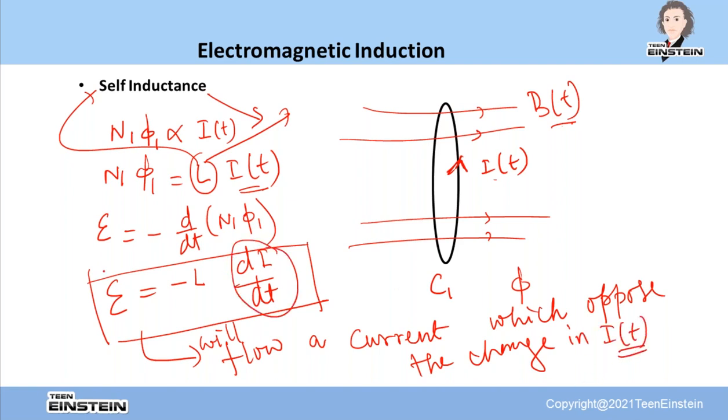Because of the change in the current, the induced EMF is produced, and that will produce a current. If the original current is anti-clockwise, the induced current will be clockwise. So this is I induced, and this is the original I. The induced EMF will drive a current opposite to the current in the coil, such that the change in the current is not there or very small.